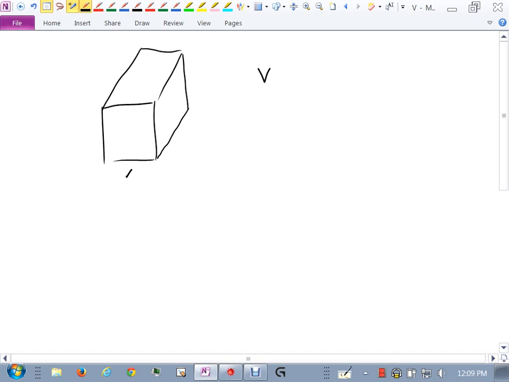Why don't I call this x? Why don't I call this y? And why don't I call this z? Did you agree that the volume is a function of those three variables? And it is exactly x times y times z? Right? Do you all agree with that? Okay. That's the volume of any box.